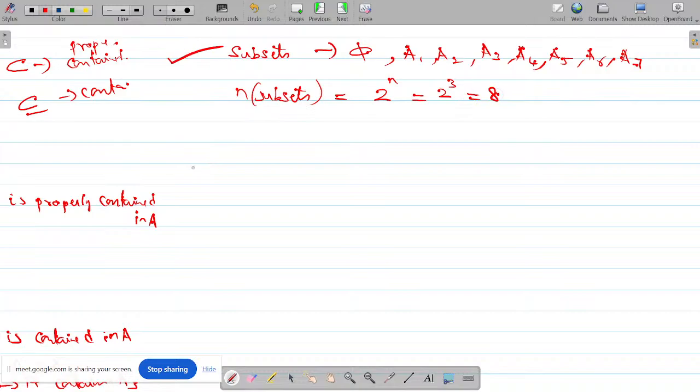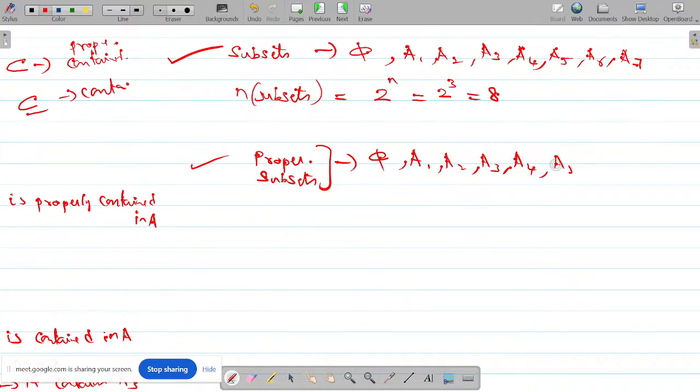One content. The second content, with respect to proper subsets: can you help me out? Can you list the proper subsets? Null set is a proper subset. A1, A2, A3, A4, A5, and A6. You'll not get A7 because A7 is not a proper subset. How many proper subsets are there?